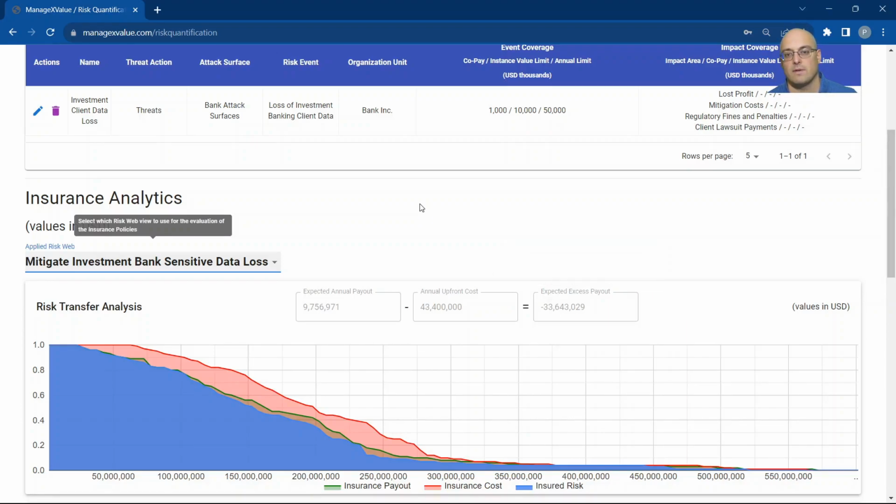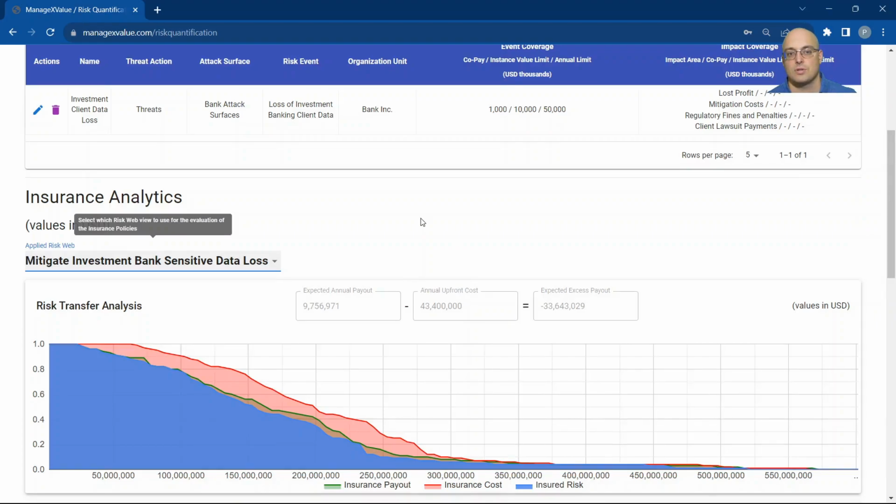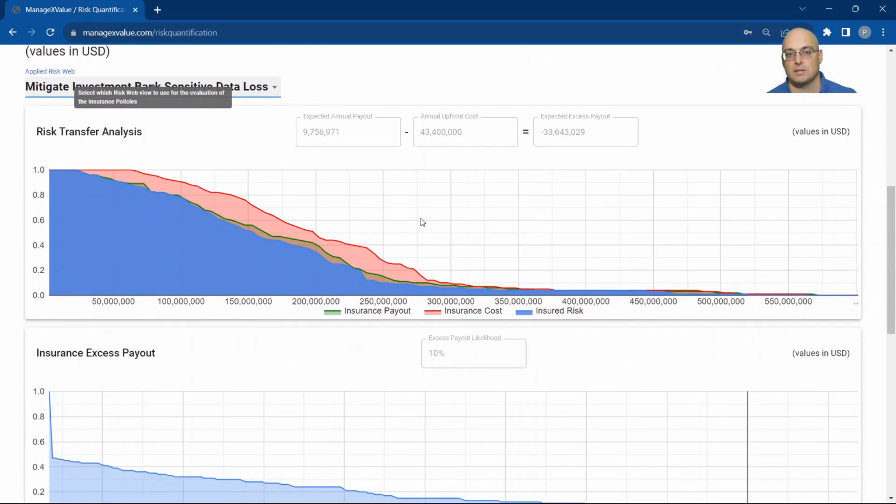It is very valuable for clients to really have discussions with their insurance providers around what type of risk mitigation investments they are going to do, how they are targeting the specific risk areas that are covered by the insurance policy, and as a result be able to negotiate around the insurance policies or changes to the insurance policies.